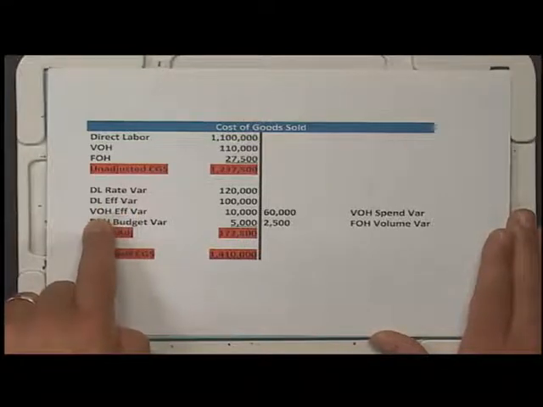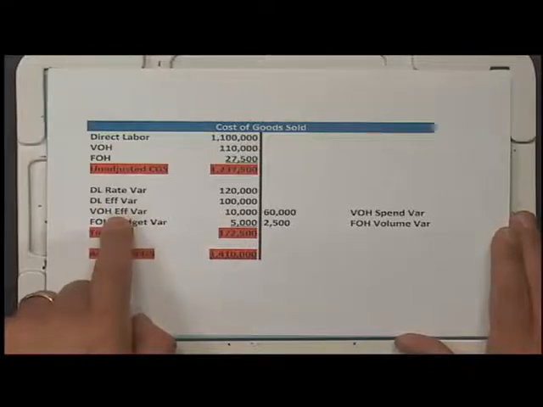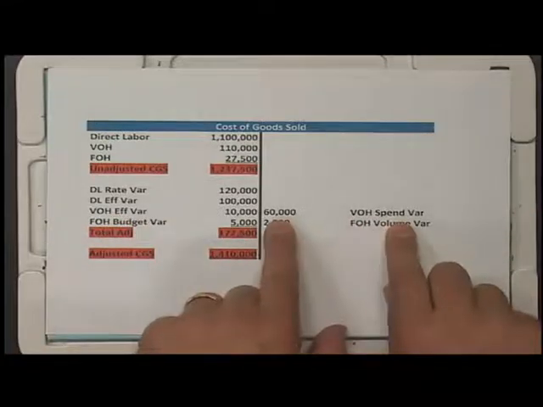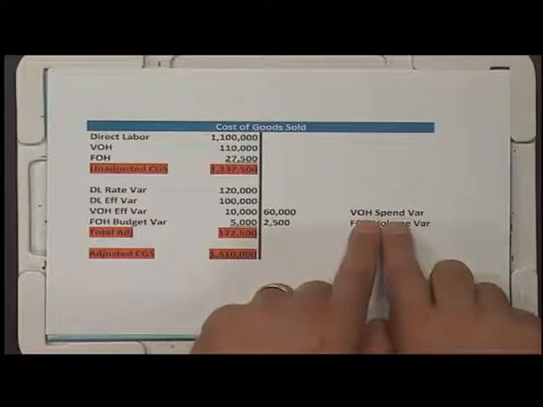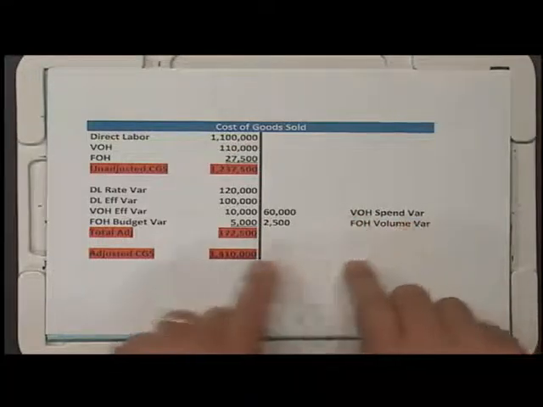We have an unfavorable variable overhead efficiency variance for the same reason, because that labor time is our variable overhead driver. We spent too much on variable overhead because we used too much of the driver. We reduce our cost of goods sold because we were able to lower our rate per hour on variable overhead.